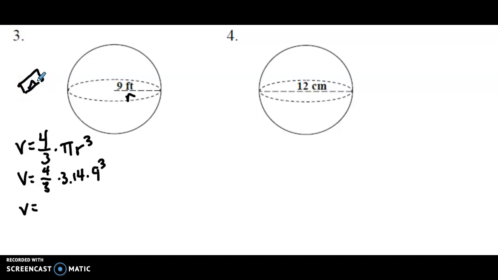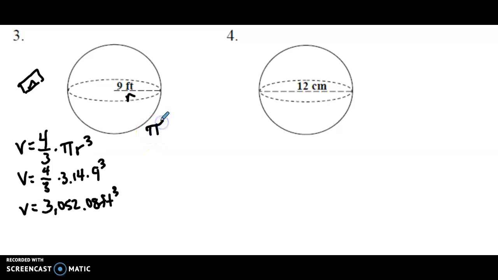And you're going to then hit the 3 and hit equals, and you should get 3,052.08 feet, and it would be cubed. If you did not get that, please try again and see if you can get that power of 3 on your calculator.